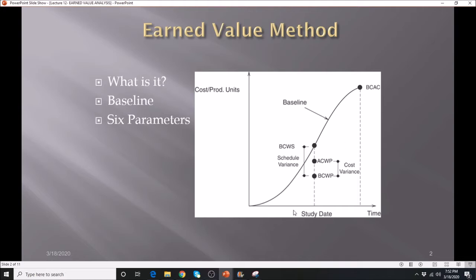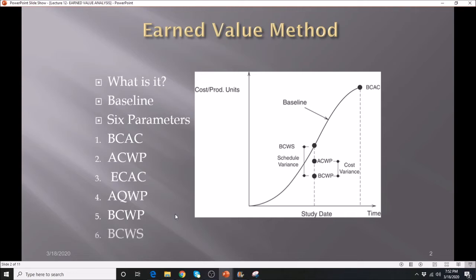Some of those are already showing up here: the BCWS, the ACWP, and the BCWP. We have the budgeted cost, the actual cost of work performed, the estimated cost at completion, the actual quantity of work performed, and the budgeted cost of work performed.